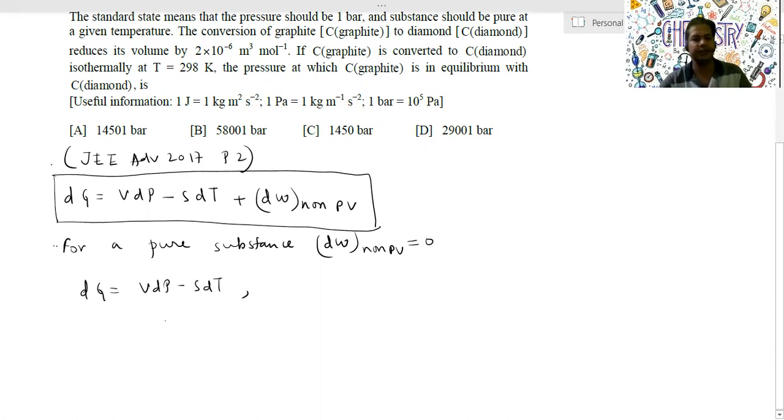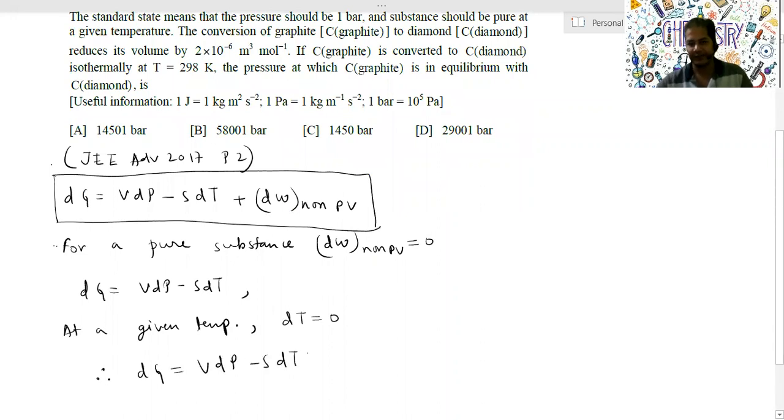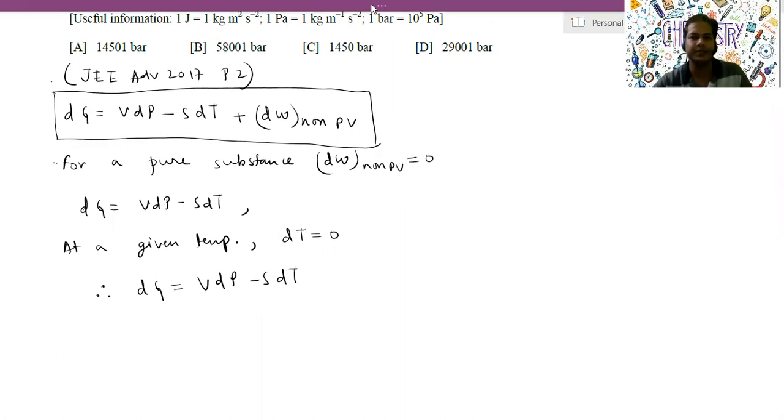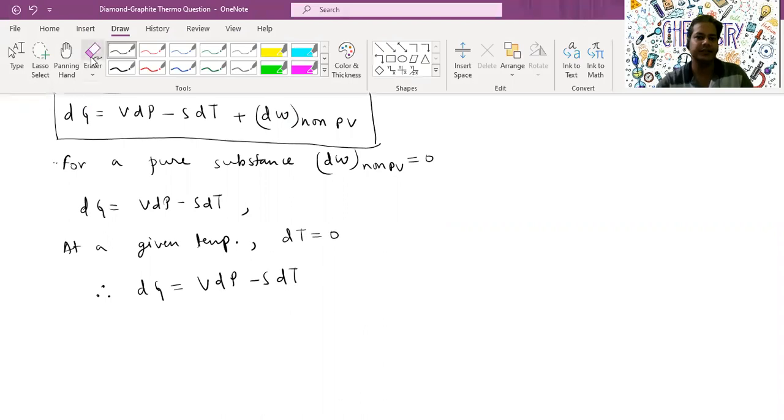Also, at a given temperature, if temperature is taken as constant, we'll get dT is equal to 0. Therefore, the equation now effectively becomes, sorry, dG is equal to VdP.